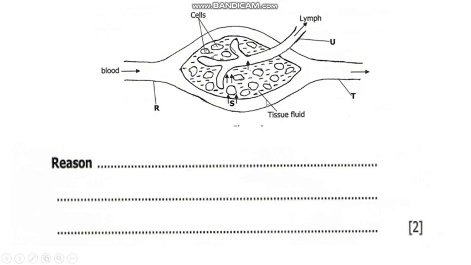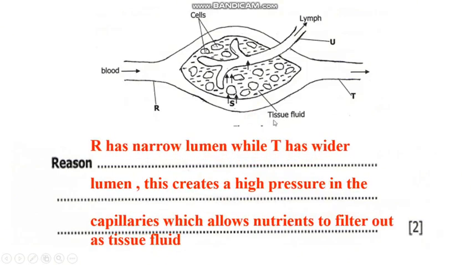So here our answer, we can say R has narrow lumen while T has wider lumen. This creates a high pressure in the capillaries, which allows nutrients to filter out as the tissue fluid. So that was our answer to this question.